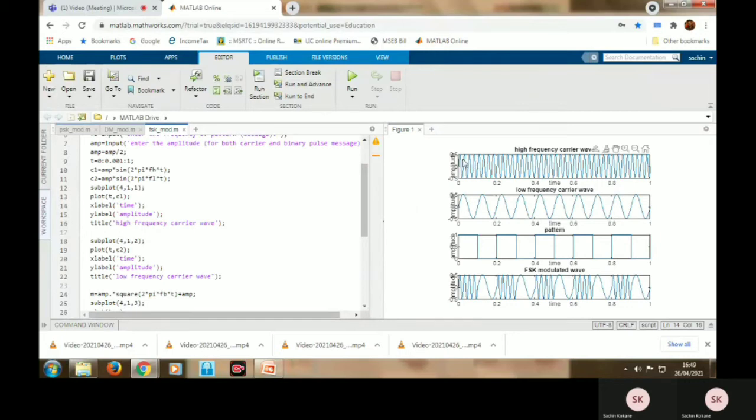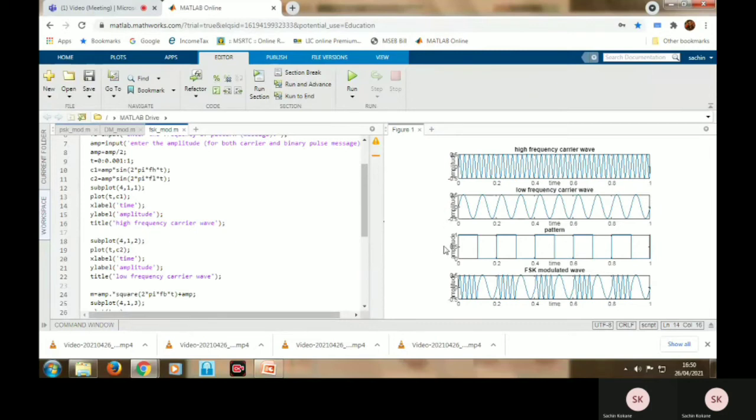Here you can see the high frequency carrier is plotted from minus 0.5 to plus 0.5. Why? Because in MATLAB the amplitude is taken as 1 by default, and here we are making amplitude equal to amplitude divided by 2, so the amplitude became plus 0.5 and minus 0.5. For the low frequency carrier also the amplitude is plus 0.5 and minus 0.5.